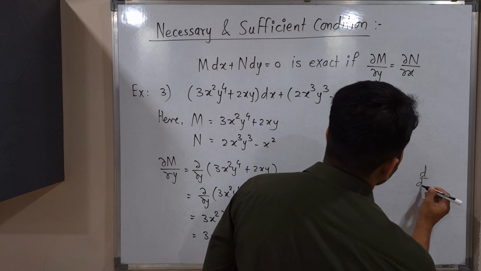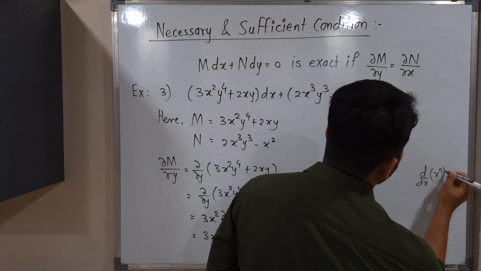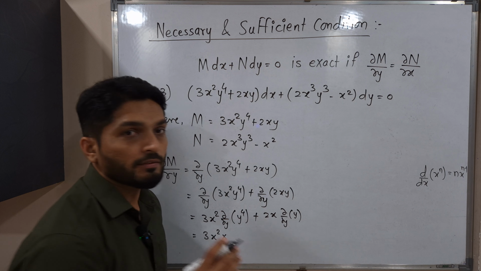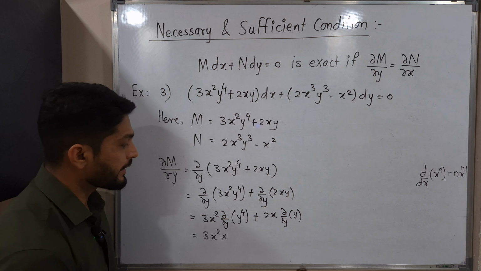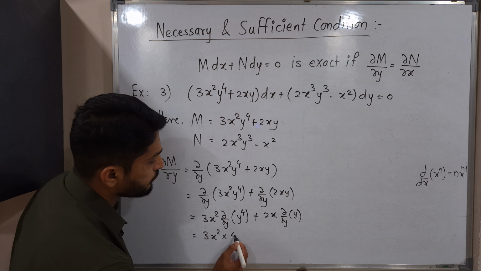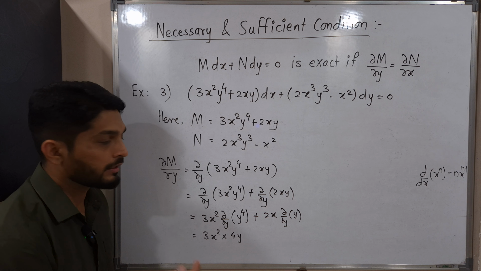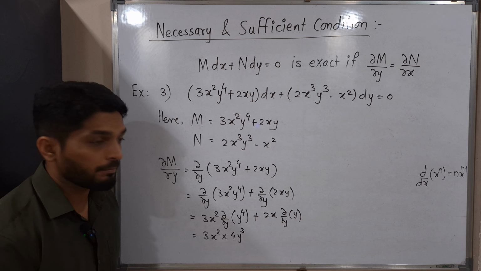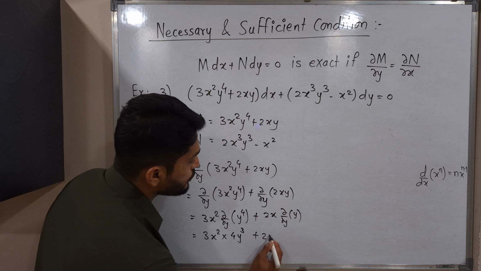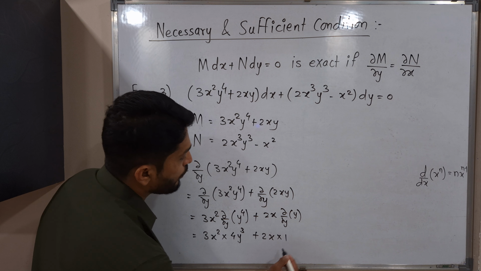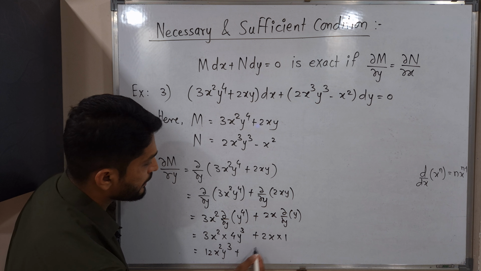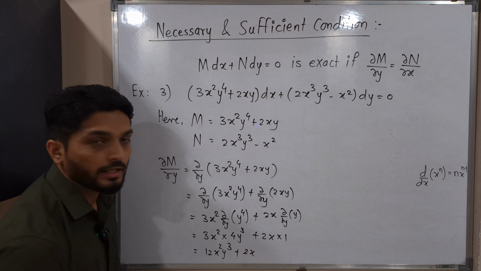I am going to use our favorite formula, n x raised to n minus 1. Whatever the power, we write it here before the function and we reduce the power by 1. So the power is 4; if you reduce it by 1, it will be 3, so y cube, plus 2x, derivative of y is 1 obviously. 3 into 4, 12 x square y cube plus 2x into 1, 2x. So I got the derivative.